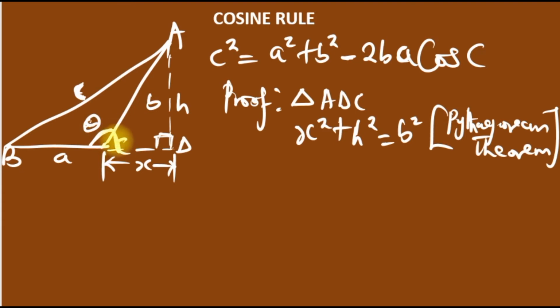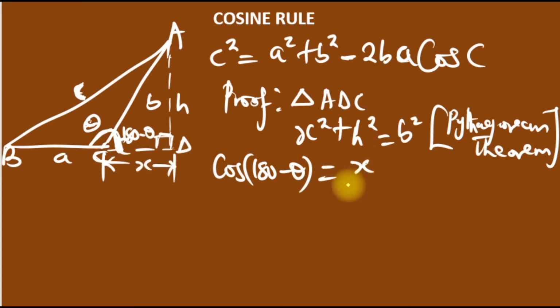So we know that the angle here is 180 minus theta. So you now see that in that same triangle ADC, cos of 180 minus theta, that's SOHCAHTOA. Cos is adjacent over hypotenuse. So our adjacent is x, so x over b.